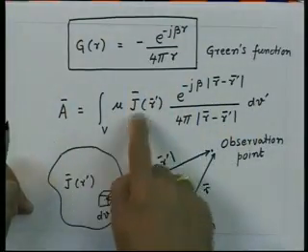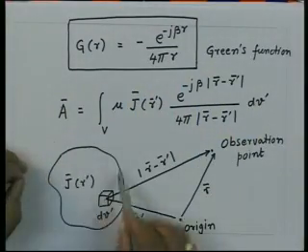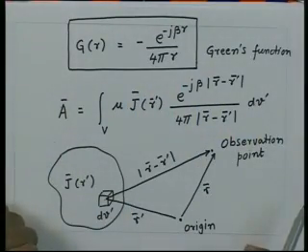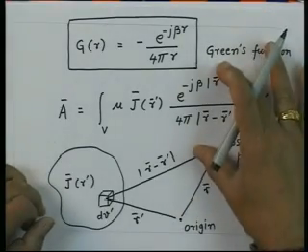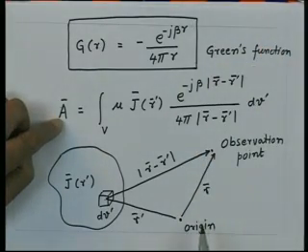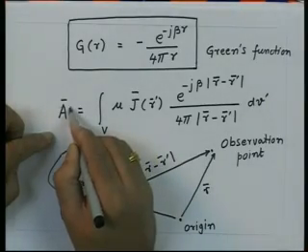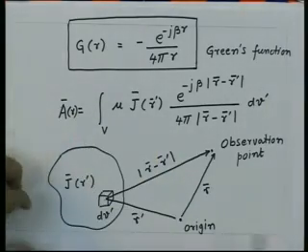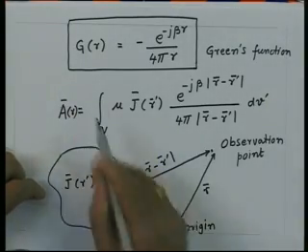Once you know this distribution, mu times j, where these currents are distributed, then substituting into this integral we can find the vector potential at any location r, which is essentially given by this.